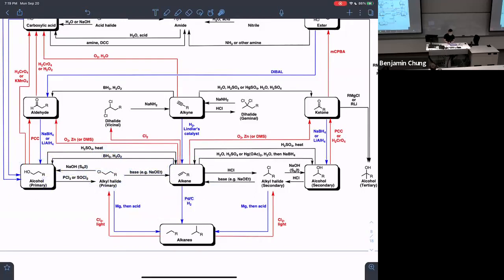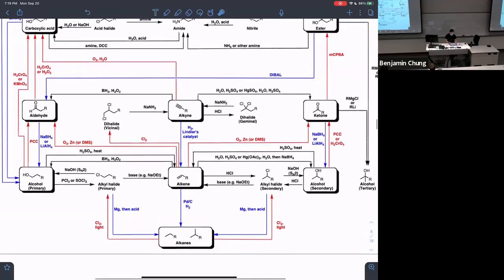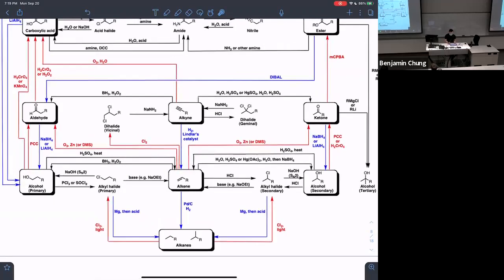So anything that happens along the same row is not an oxidation or a reduction. That's a redox neutral process. But anytime you go vertically upwards, that would be an oxidation. And anytime you go vertically downwards, that would be a reduction.